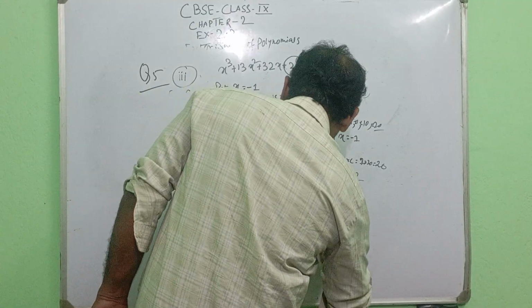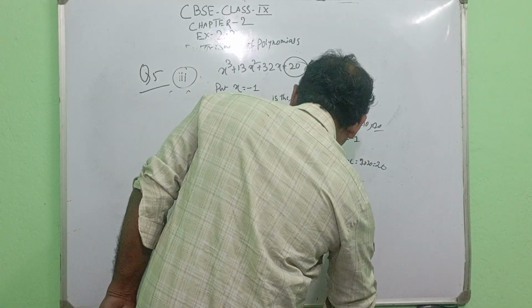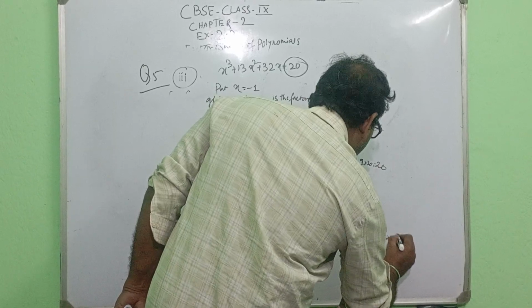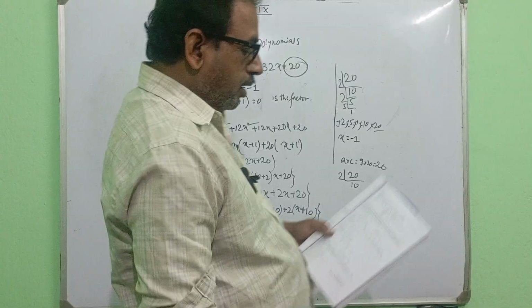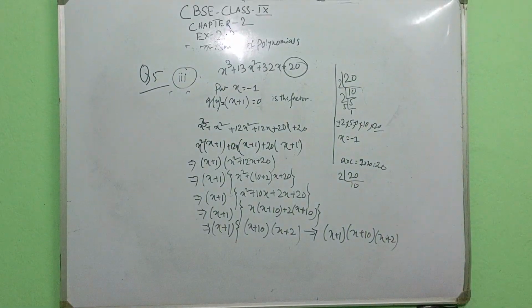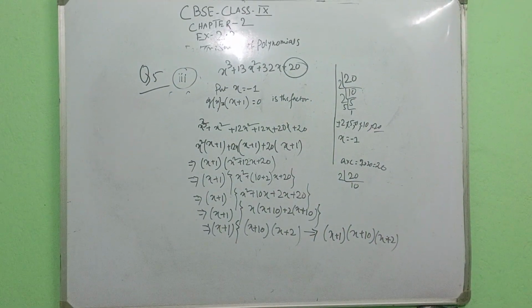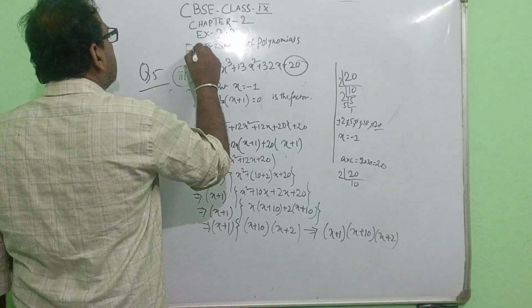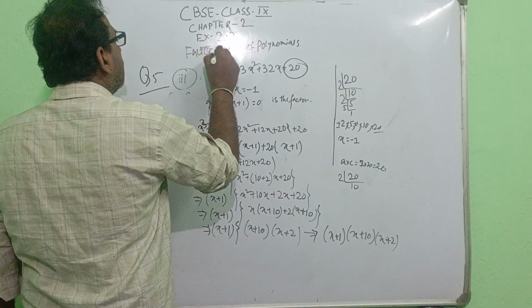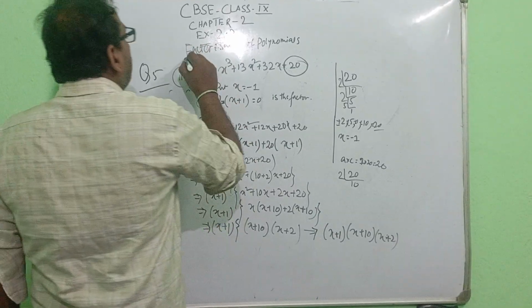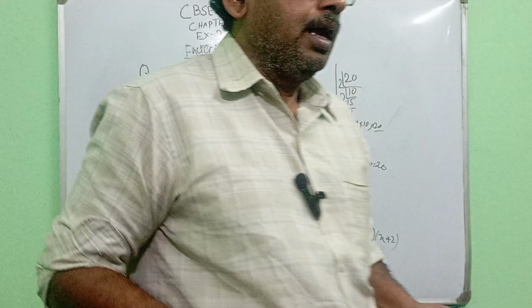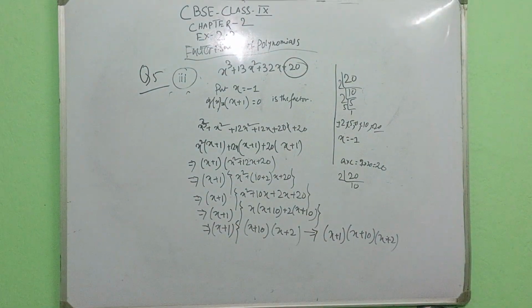So what do we have? In this way, you do the rest on your own. This is all about the factorization of polynomials when they are quadratic and cubic.